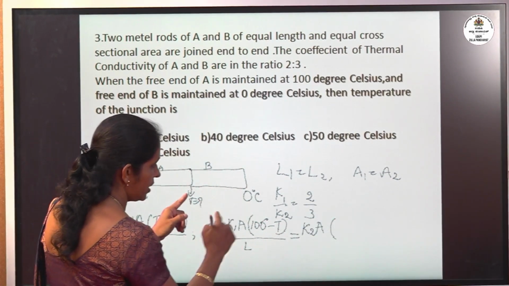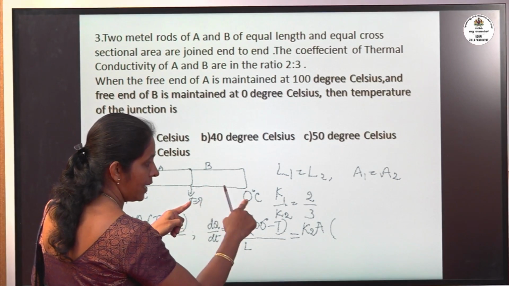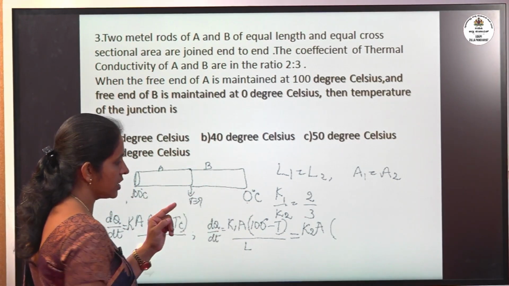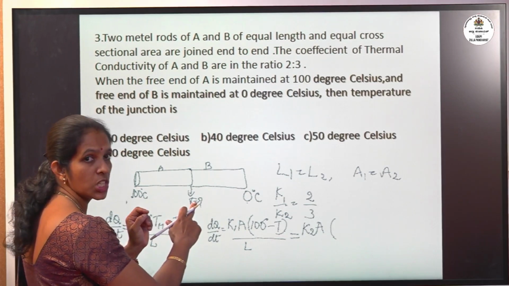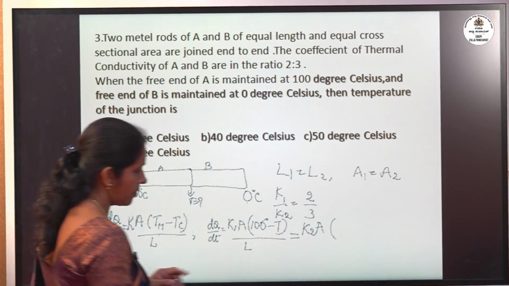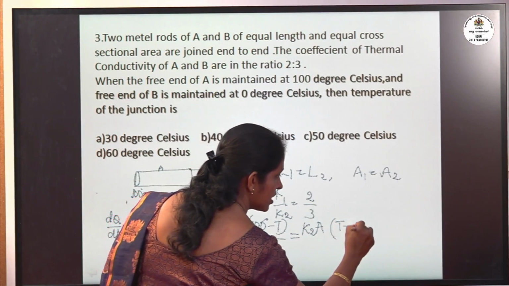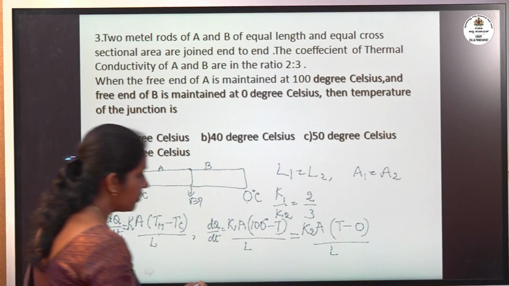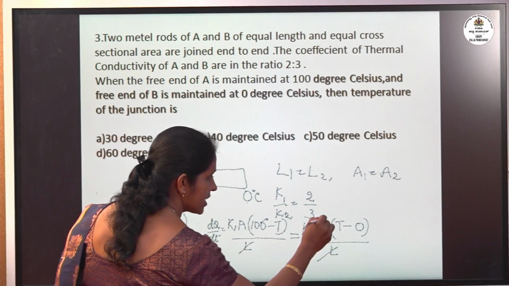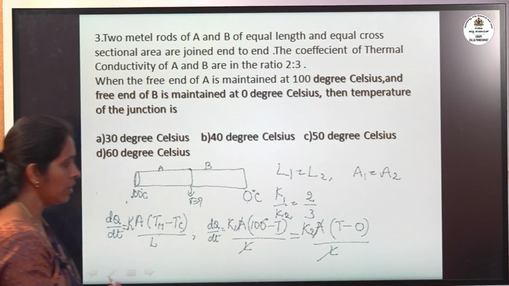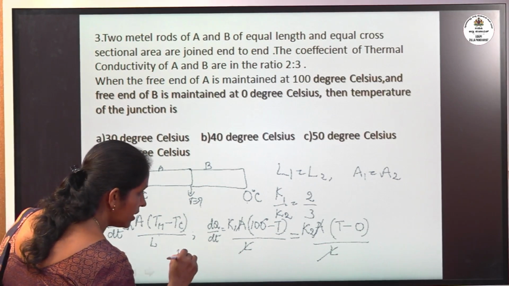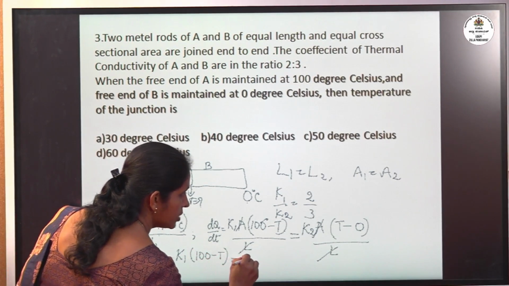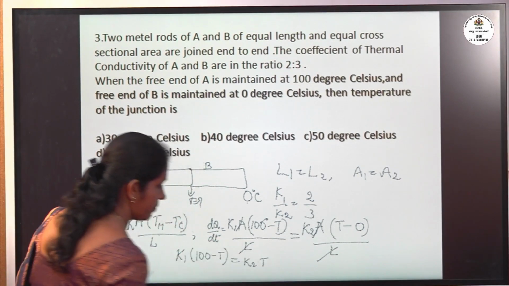For the second body, the junction is hot compared to the end C. Say this end is at 0 degrees Celsius and the junction is at a higher temperature T. Therefore, (T minus 0 degrees Celsius) divided by L. Now if we cancel L and A on both sides, since they are equal, we get K1 into (100 minus T) is equal to K2 into T.